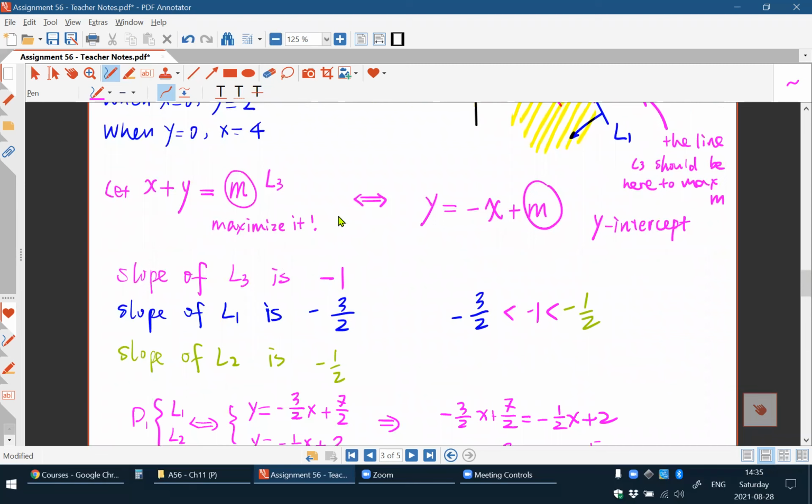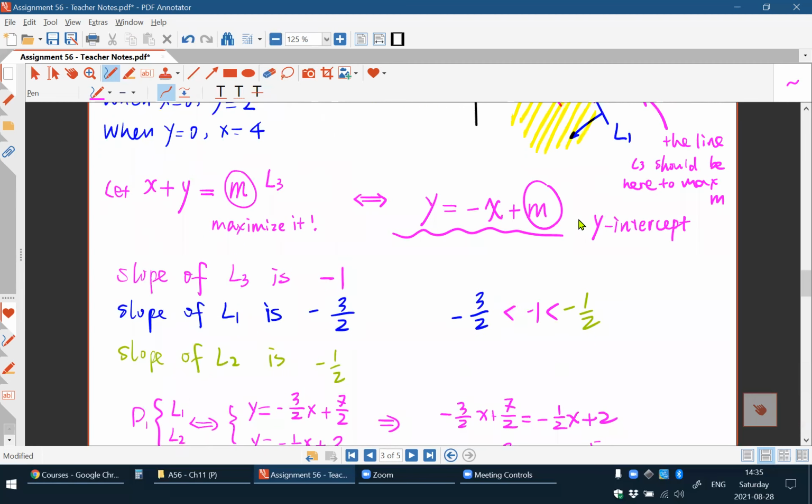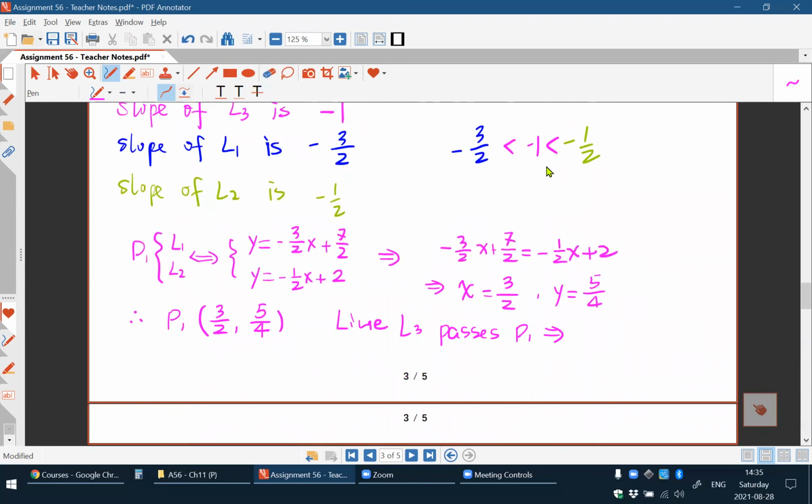Okay, so that means line 3 passes through P1, right? So line 3 passes P1. This means we can insert the coordinates of P1 into line L3.